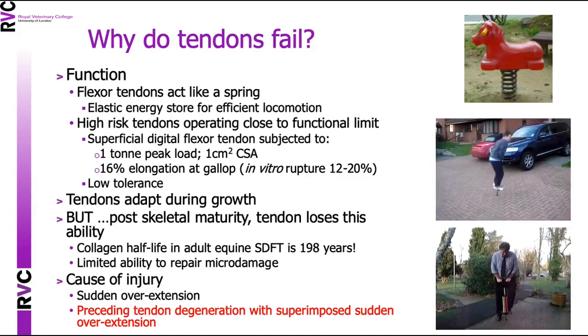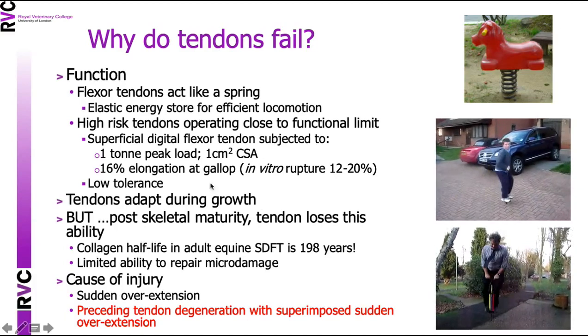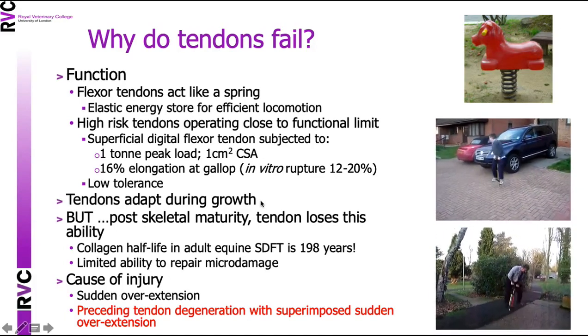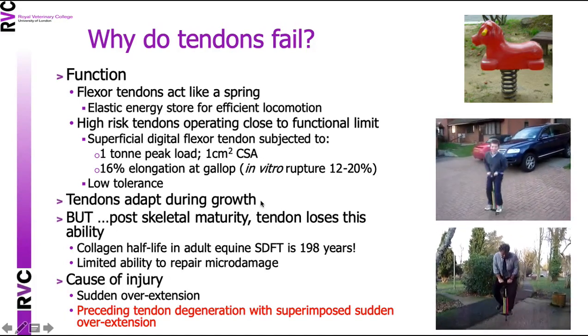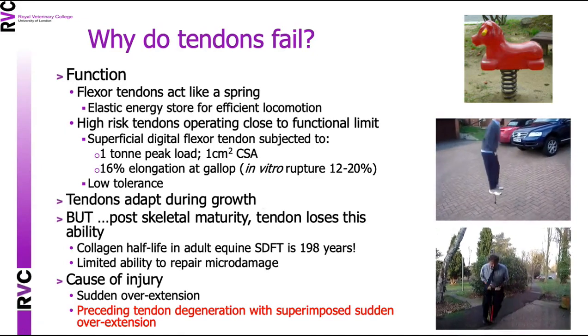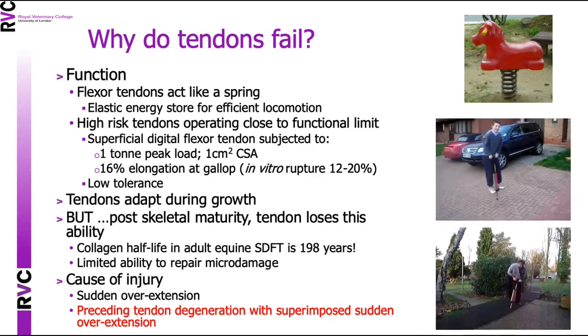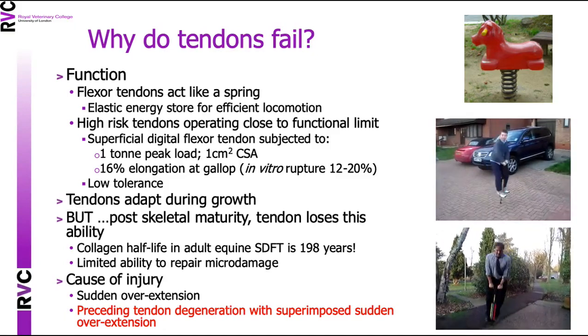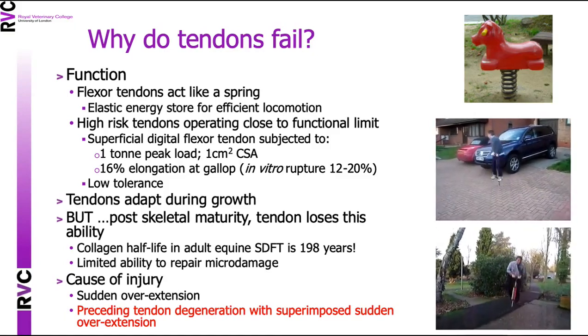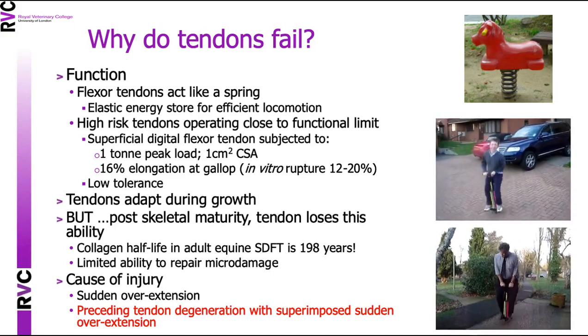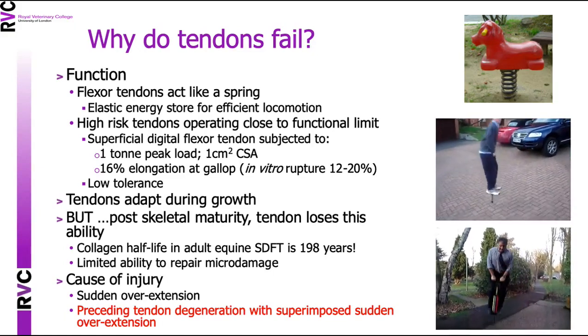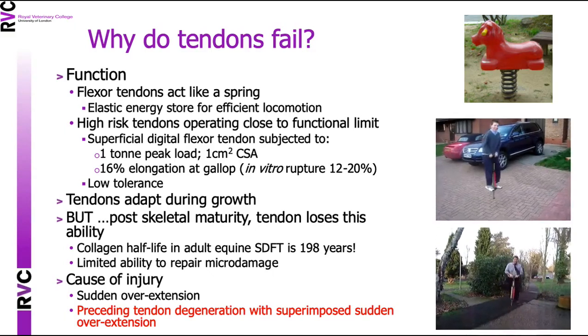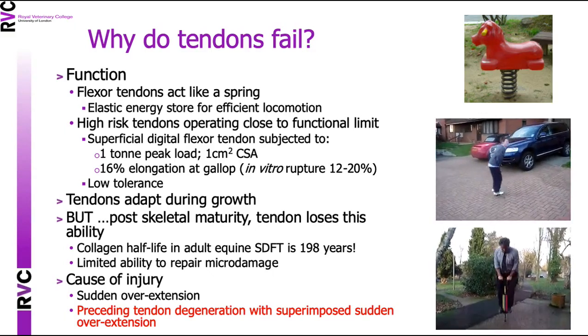But added to that, we know that tendons do adapt during growth, but once you reach skeletal maturity, the equine tendon seems to lose this ability to adapt or even repair the micro damage. In fact, the collagen half-life in an adult superficial digital flexor tendon in the horse is around 198 years. So you can see there's not a lot of change to the general structure of the tendon as the animal ages.